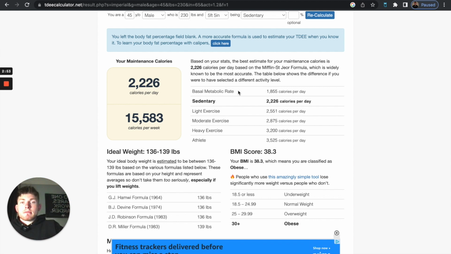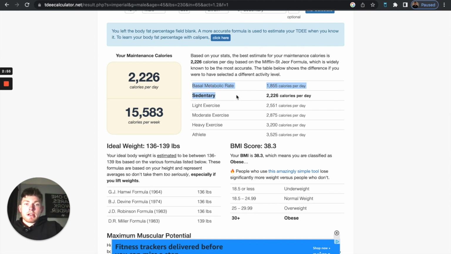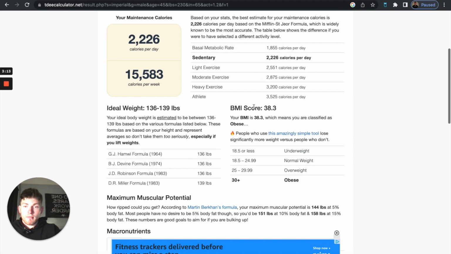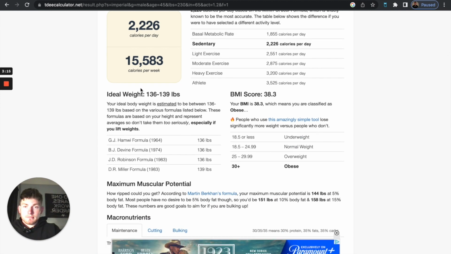And then obviously right here, you're going to have all these calculations as far as activity level. So like I said, the more active you are, the higher the increase in TDEE is going to be, and the less active you are, the lower it's going to be. And it's cool.